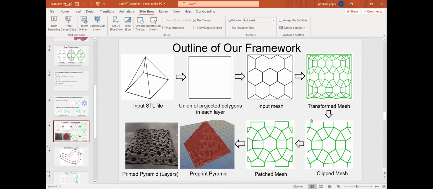If you have a quadrilateral graph, where each vertex is connected to 4 vertices, you might want to clip it, which lets us use those meshes and still use our framework to print continuously.